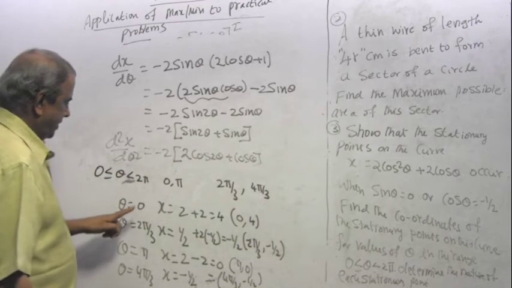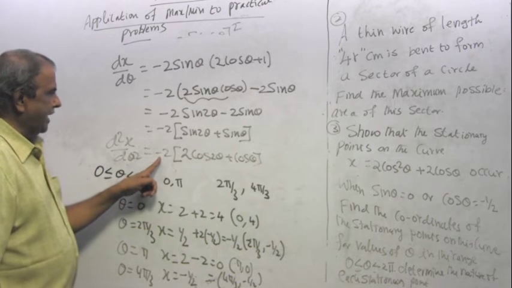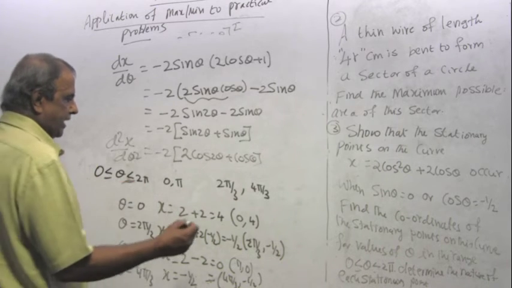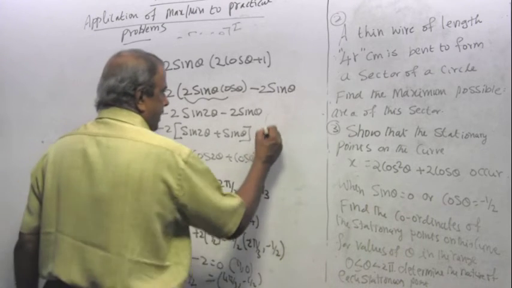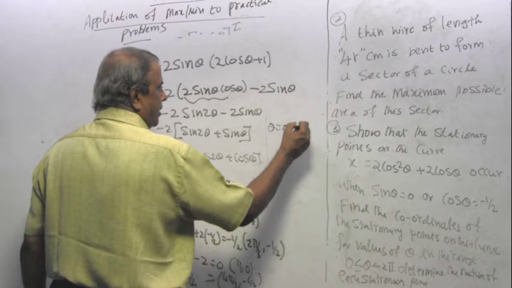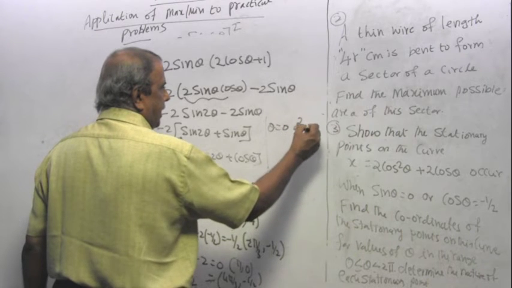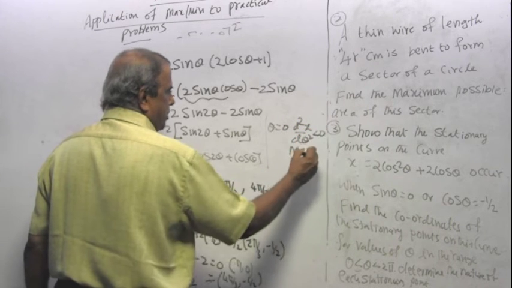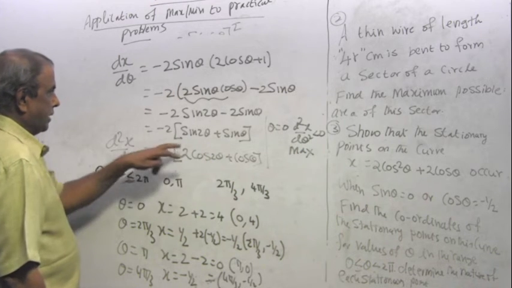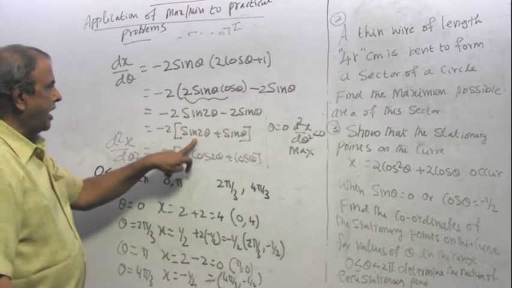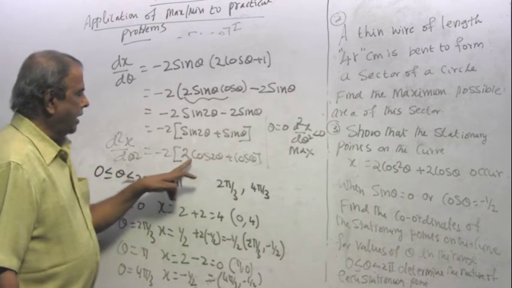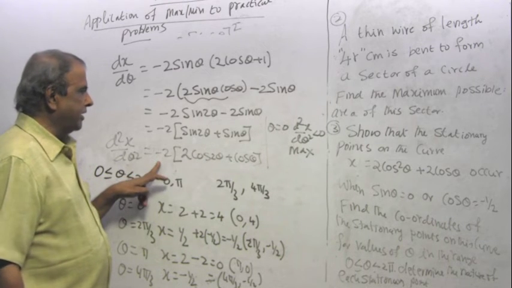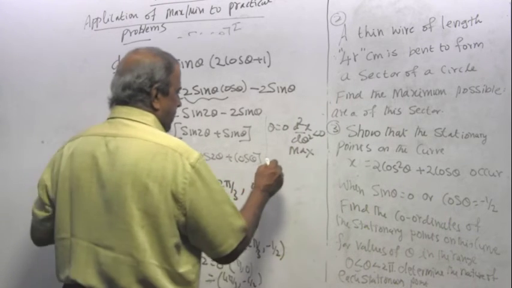When you put theta as 0, it's negative because you know that's 1, that's 1. So it's negative. Therefore, theta equal to 0, d squared x by d theta squared is less than 0. So maximum. When theta is 2 pi by 3, that's minus half and minus half, 2 times that's negative, negative and negative makes it positive. So it's going to be minimum.